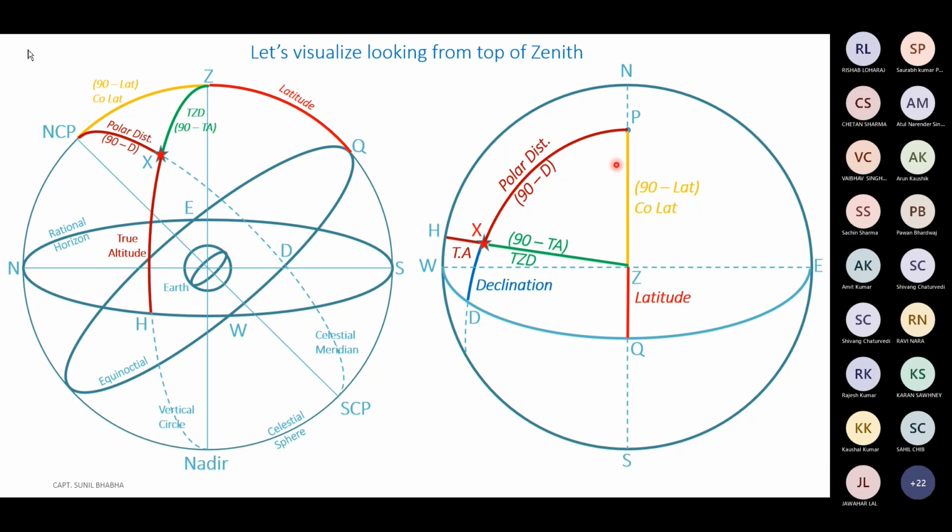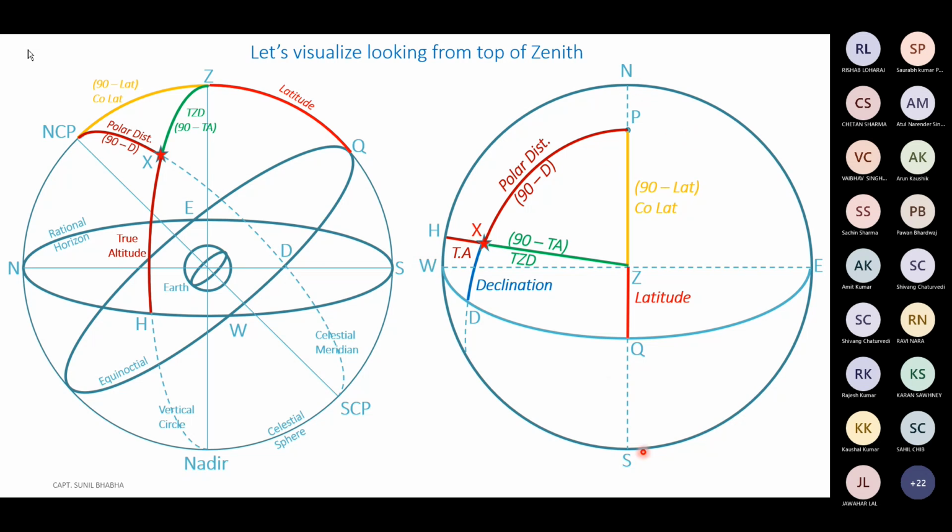So this angle P is the angle between the celestial meridian of the observer and the celestial meridian of the body. And this angle is being measured in this particular direction. You can have a look here: this represents the westerly direction.